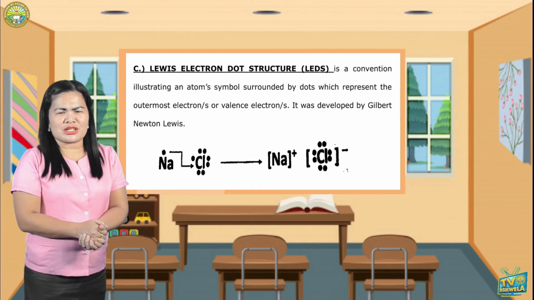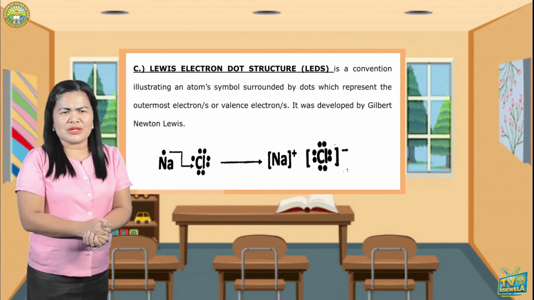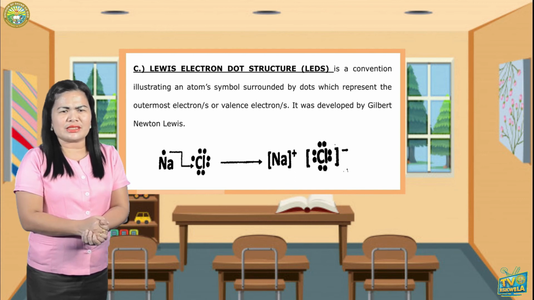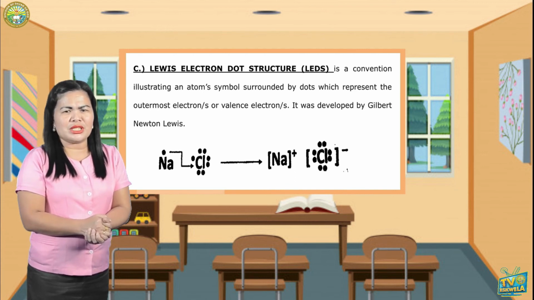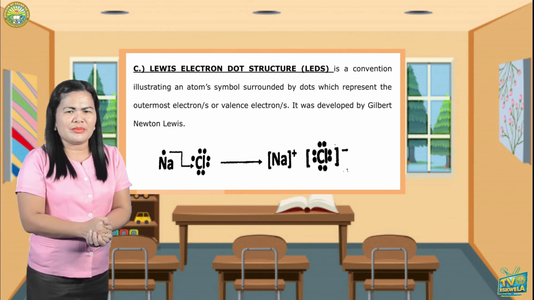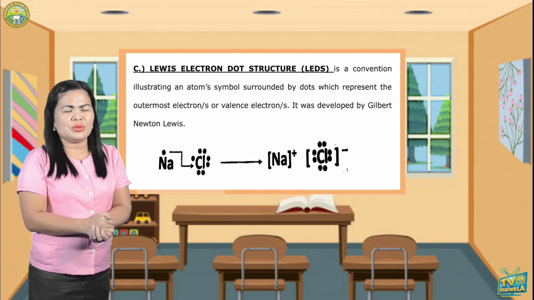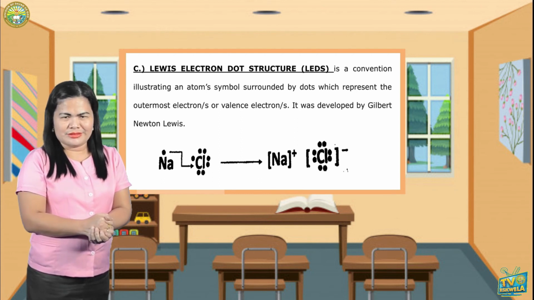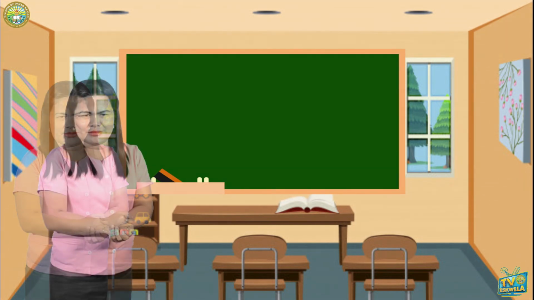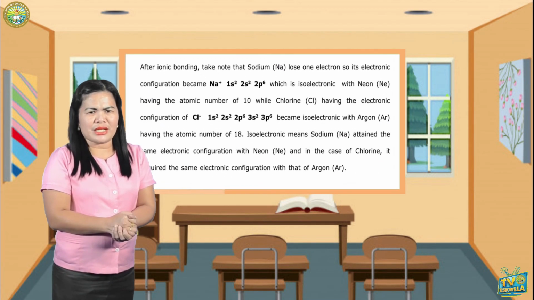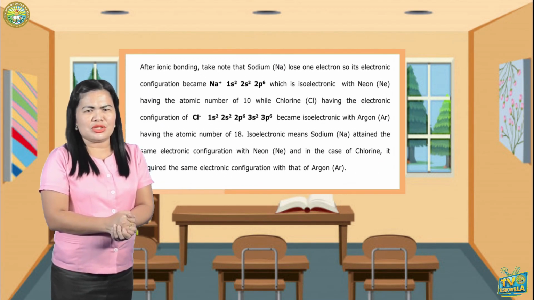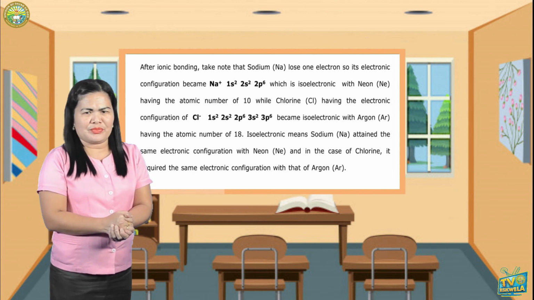Lewis electron dot structure, or LEDS, is a convention illustrating an atom symbol surrounded by dots which represent the outermost electrons or valence electrons. It was developed by Gilbert Newton Lewis. After ionic bonding, take note that sodium loses 1 electron.